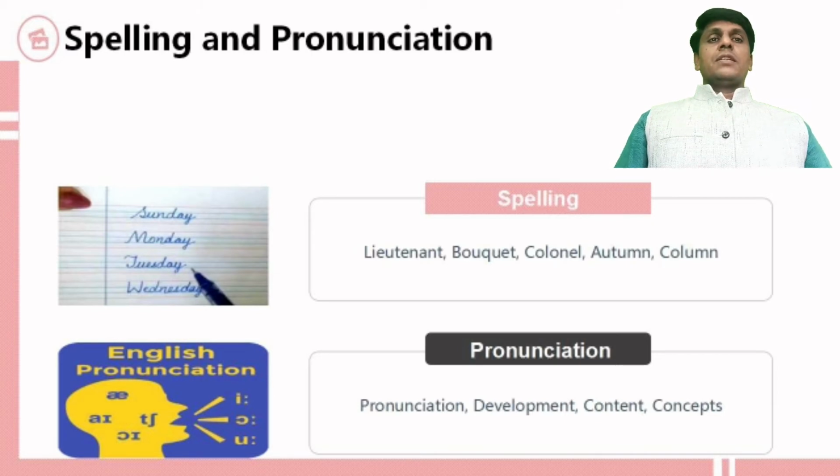For pronunciation, maybe we say it incorrectly. So something is lacking in spoken form. The idea is here: whatever words are part of your vocabulary, initially we must know the spelling and correct pronunciation of all these words. That is the first requirement.